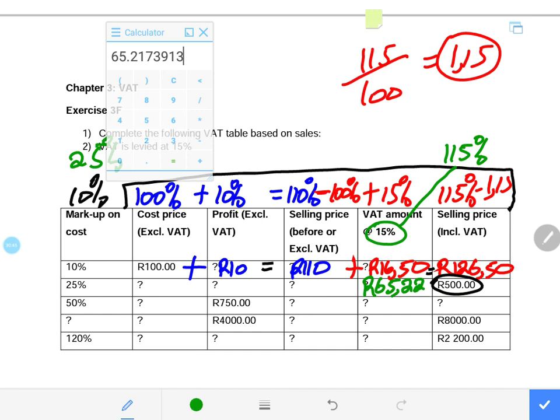Now we need to know how much was the amount before VAT was added. If you want, you can just say 500 minus the VAT amount. Let us verify it both ways. How much do we get? It gives us 434 rand 78 cents.